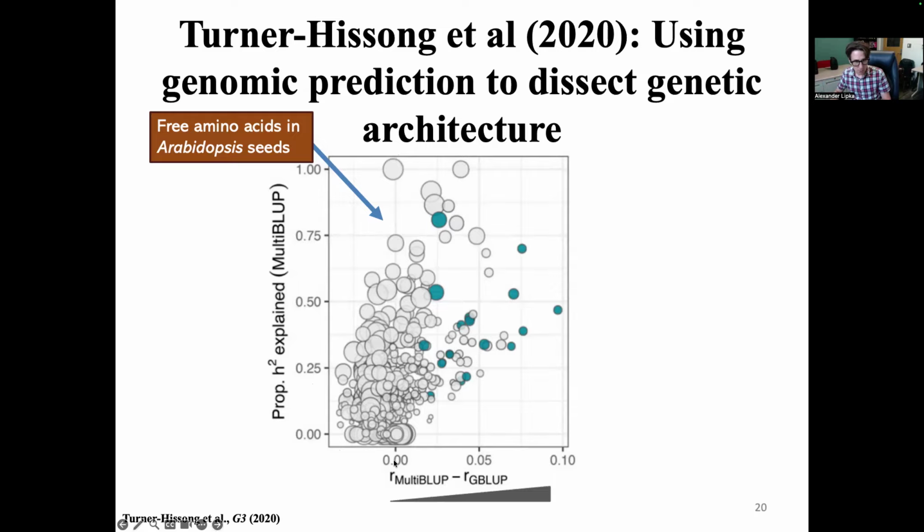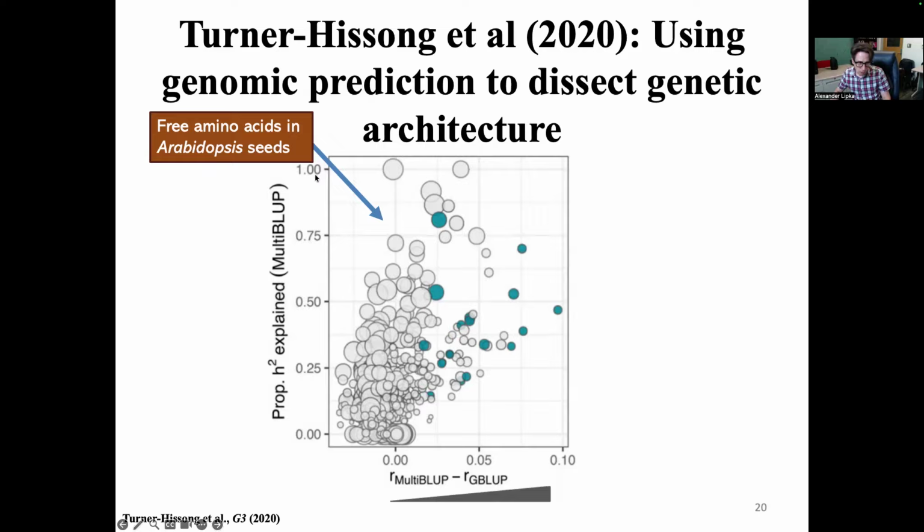Okay? So our x-axis, this is the extent to which the predictive ability of our multi-BLUP model that accounts for these genes is better than the predictive ability from a standard GBLUP model. So the further out we go along the x-axis, the better of a job accounting for the corresponding genes does in improving predictive ability.